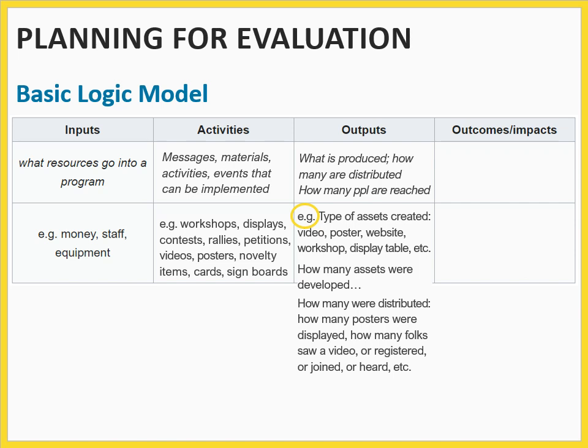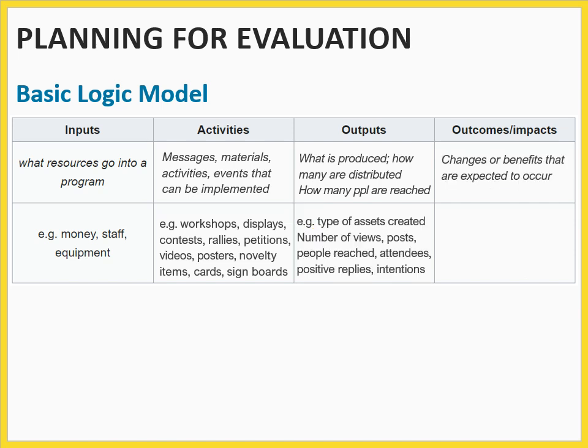Outputs also include how many of these assets were developed. Did you produce one poster or three? And how many were distributed, as in how many posters were displayed, how many people saw the video, how many people registered for a workshop or joined a contest or heard an announcement. These are all examples of outputs.